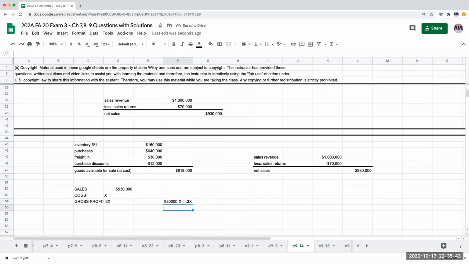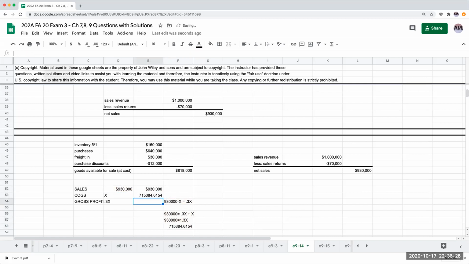If I move this to the other side, I get 930,000 equals 0.3X plus X, or 930,000 equals 1.3X, so X, my cost of goods sold, is going to be equal to 715,000.